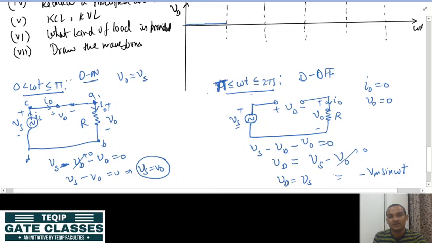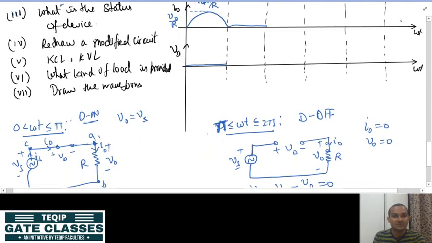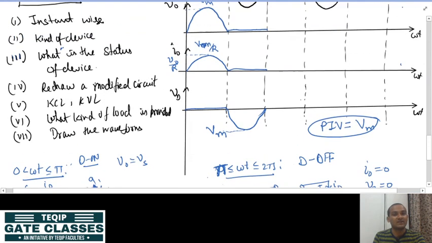Between pi to 2 pi, the value of Vs is negative. So, the whole negative voltage will appear across Vd. That is the peak magnitude. So, if I ask what is the PIV rating of the diode, the PIV rating of the diode is Vm, alright. This much diode rating you need.